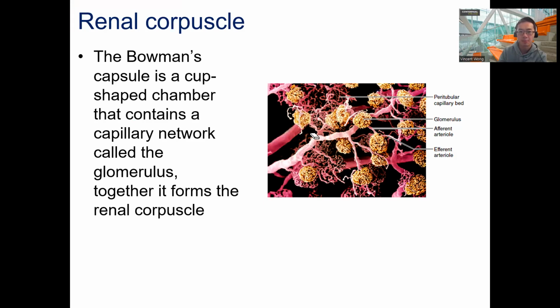So with the capsule removed, you see all these little spongy things. They are the glomerulus. A vessel goes into it, that would be the afferent arteriole, and the one coming out would be the efferent arteriole. Together, the glomerulus and the Bowman's capsule form the renal corpuscle.